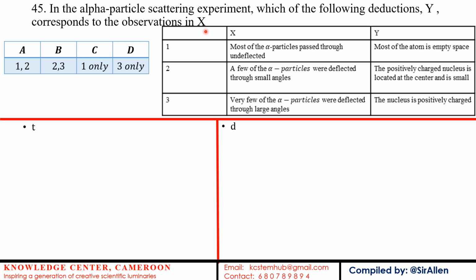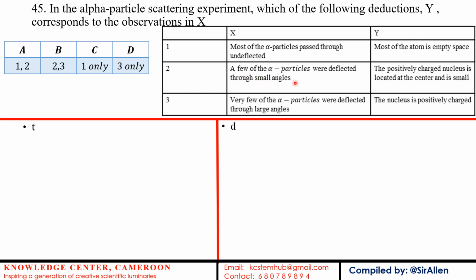In the alpha particle scattering experiment, which of the following deductions Y corresponds to the observations in X? Okay, so statement 1, most of the alpha particles pass through undeflected. Correct. Most of the atom is empty space. Correct. Okay, the observation and the deduction are correct.